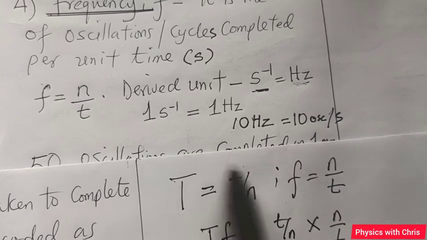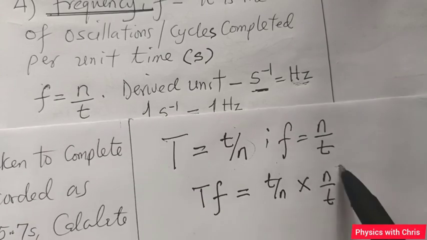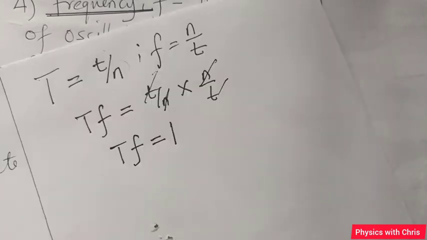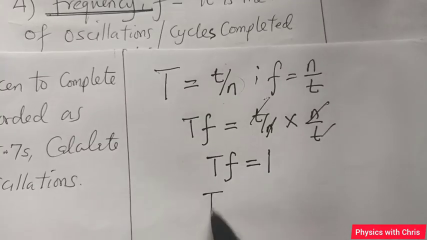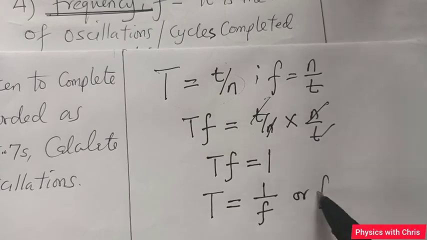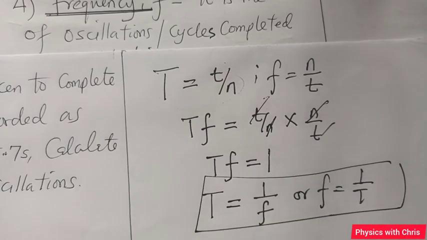That's multiplying this equation by this equation. So if you check now, t cancels t, and n cancels n. So the product of frequency and period is equal to 1. Or you can write, if I need to find a period, that gives me 1 over frequency. Or my frequency is 1 over period. So this gives the relationship between frequency and period.